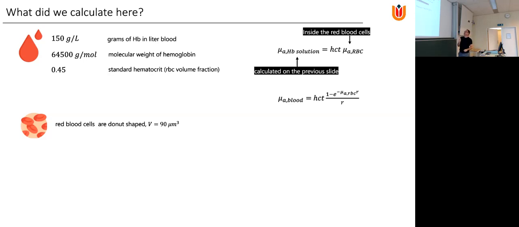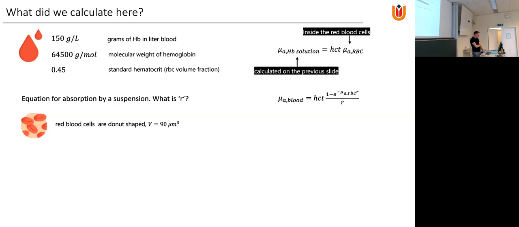The top equation allows us to calculate that absorption coefficient, and we need to know something clever about the size of the red blood cells. That's also a little bit tricky because they are not squares and spheres, but donut shapes, with a volume of about 90 cubic micron.